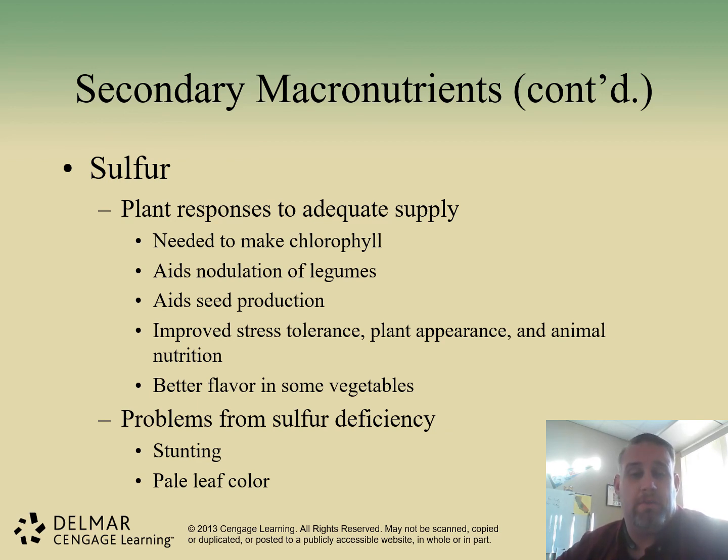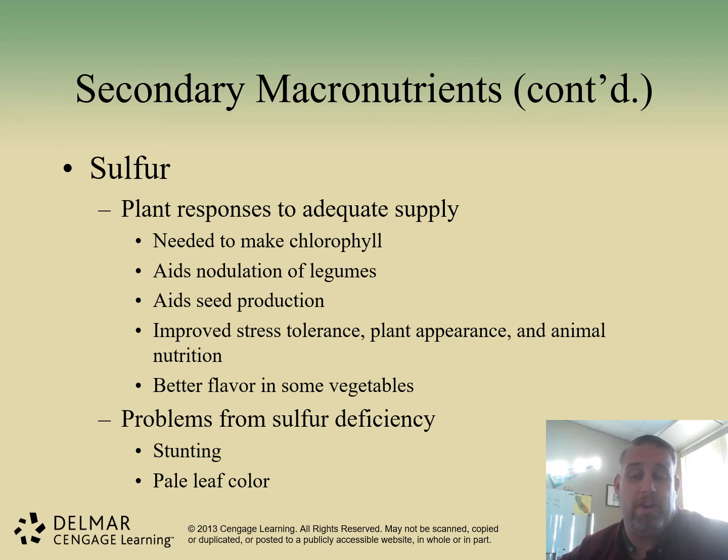Sulfur, this is a very essential part of the chlorophyll making process, which is essential to photosynthesis. It also helps to fixate nitrogen in legume plants, helps to improve stress tolerance within a plant. Sulfur will make sure your vegetables taste good.